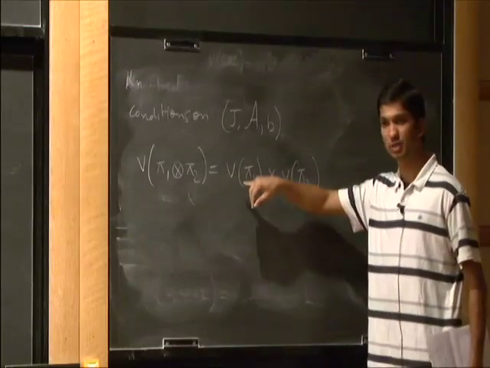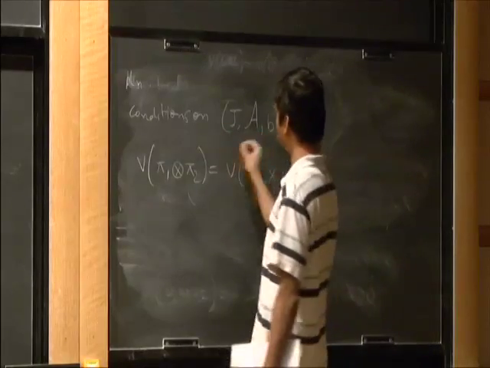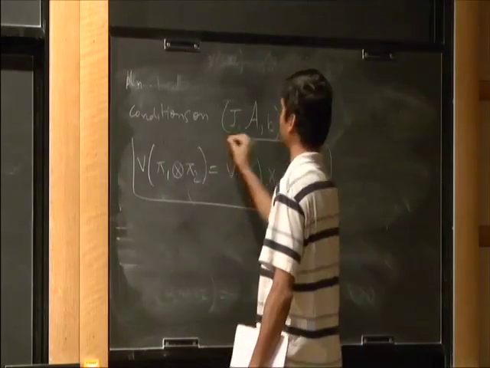This denotes the value of the first semi-definite instance, this denotes the value of the second, and we want conditions under which this holds.